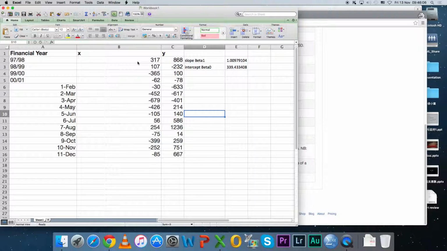So the slope actually is saying that when the x increases by 1 unit, y will be increased by that number of units. So that one will be 1.0098. That is the interpretation of the slope. Okay, you should know that because the question asks you about it.